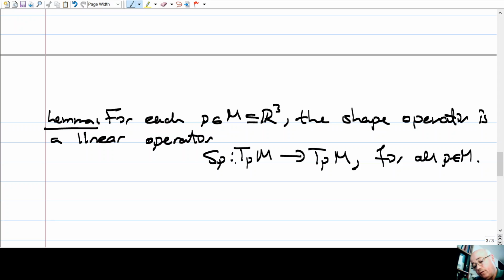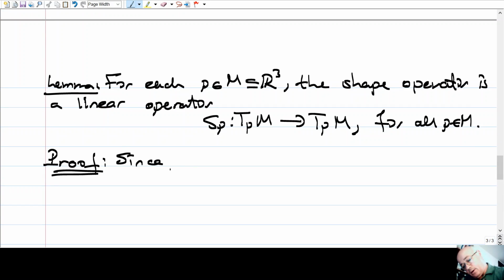The values of this function at any vector also lie in the same tangent space, and moreover this function is linear. So we actually claim two assertions. All right, well, here is the proof.